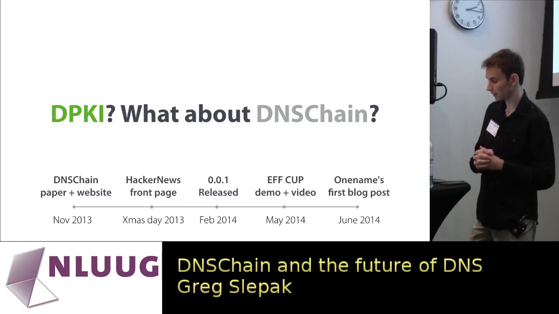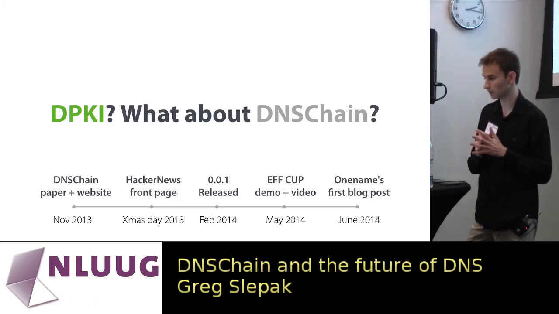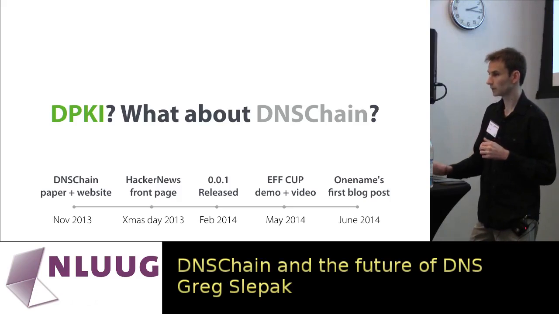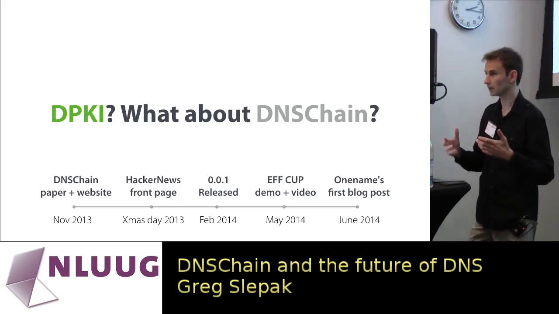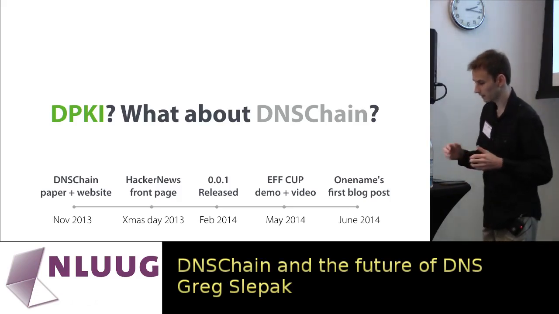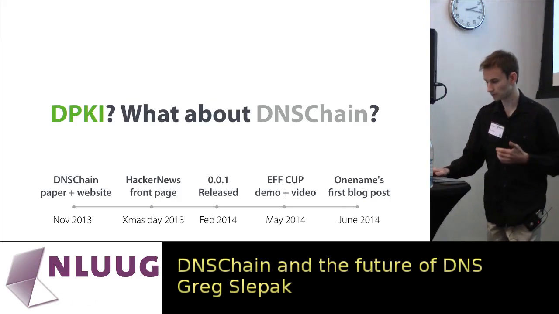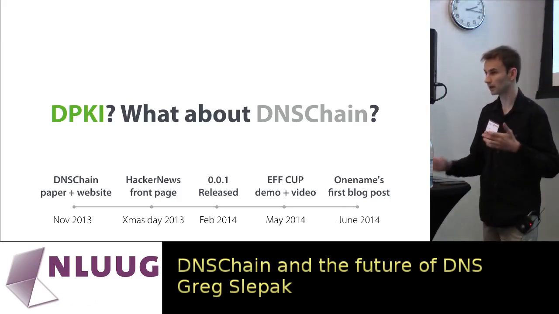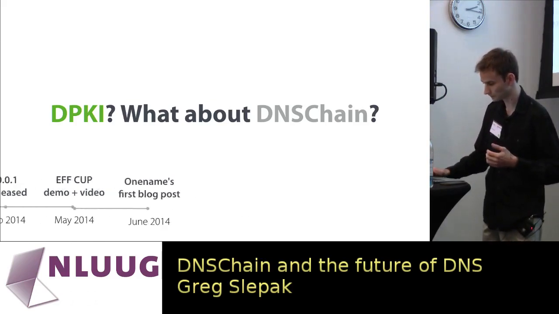In May, I presented a demo along with that video that many of you might have seen at the EFF Crypto Usability Cup, which was a thing on internet privacy, and it was ironic because it was hosted at Facebook. Then in June 2014, OneName posted the first blog post about using blockchains to secure online identity.